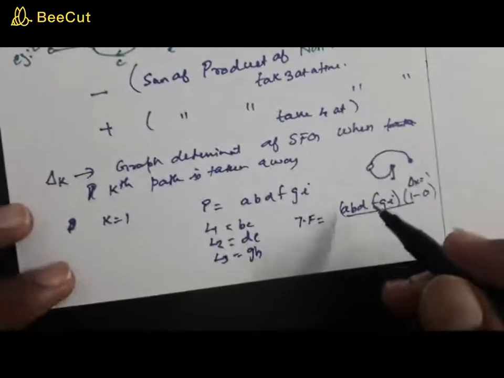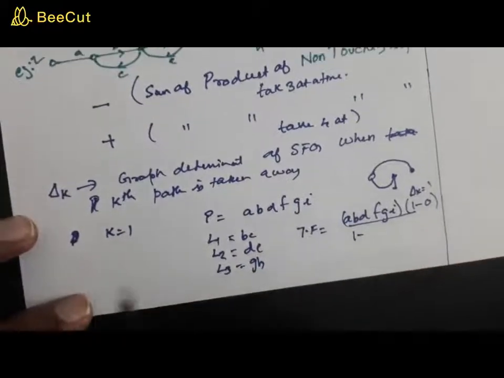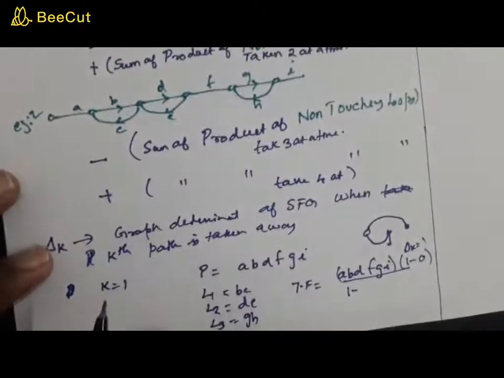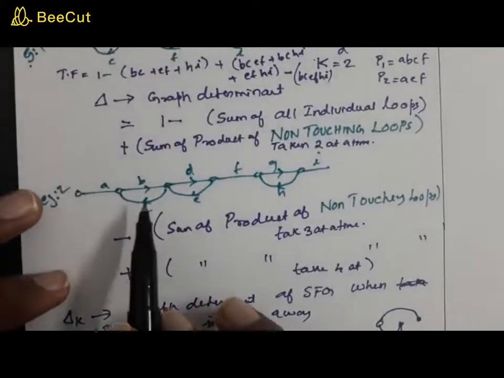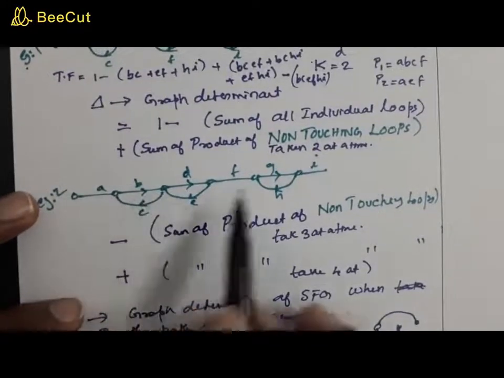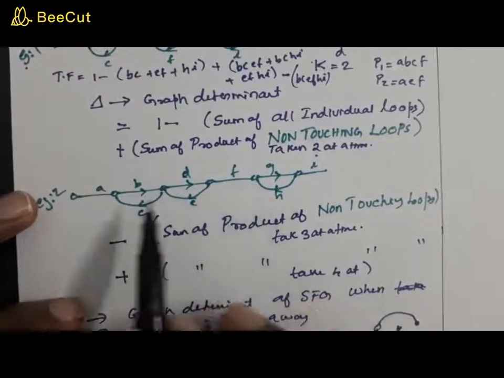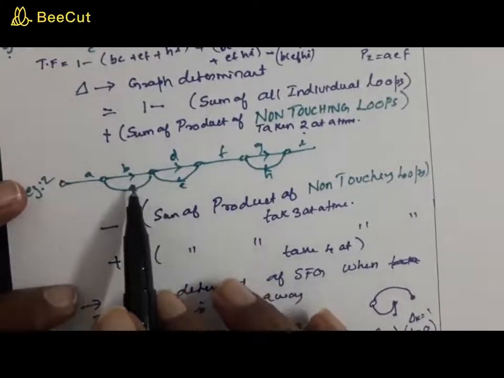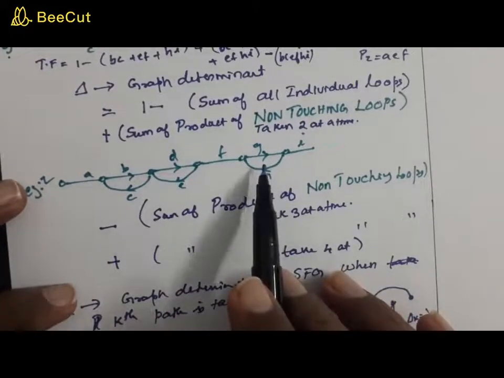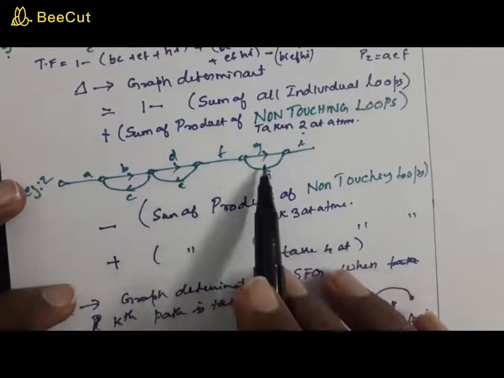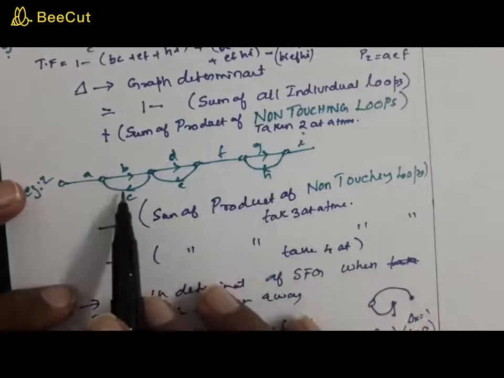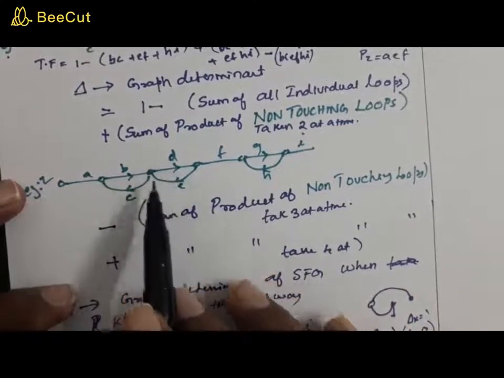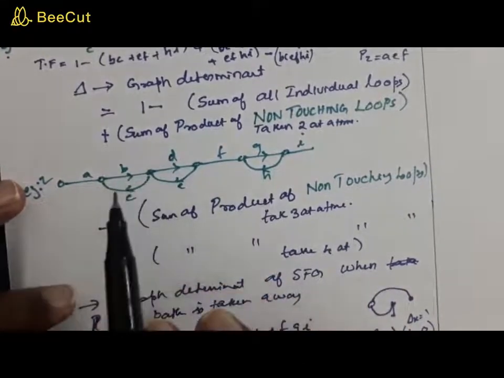Now next comes 1 minus, what about this? These are non-touching loops taken two at a time. So how many non-touching loops do you have? See, BC and GH, it's a non-touching loop. DE and GH is a non-touching loop. But you cannot take BC and DE because they are touching loops.